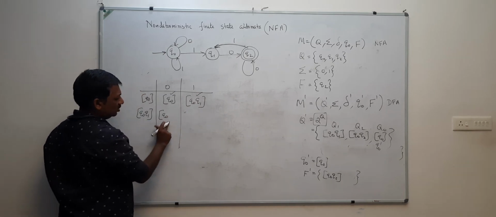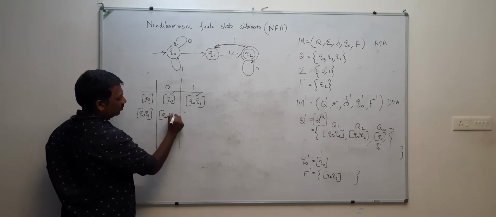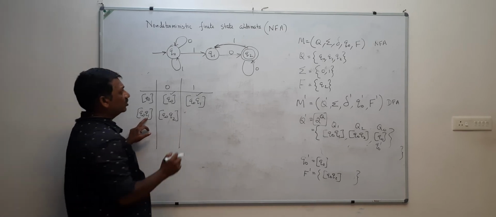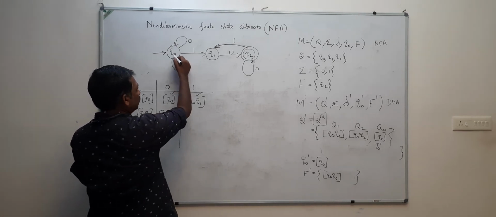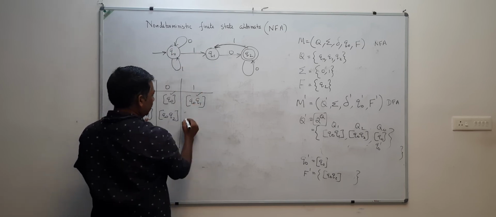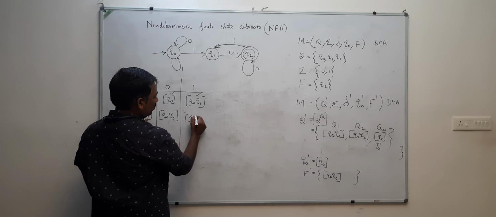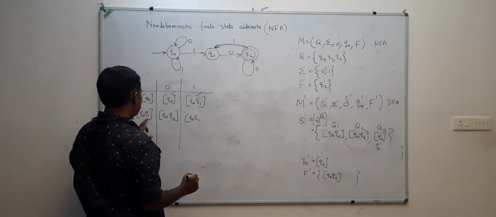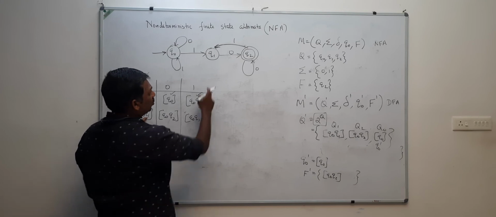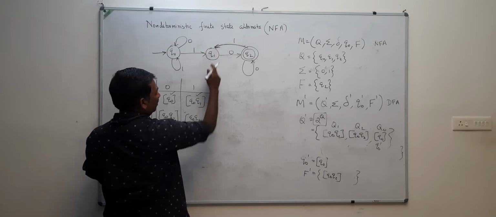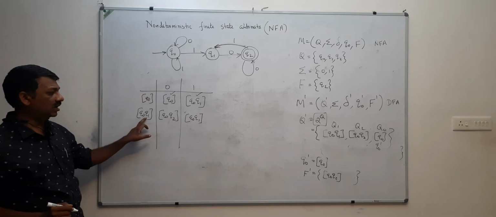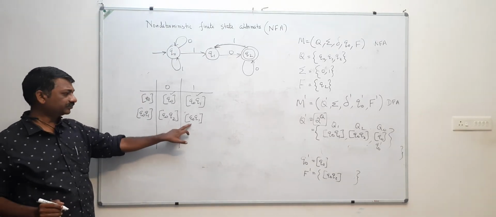That means {q0, q2}. And {q0, q1} on accepting 1: q0 on 1 stays or switches to q1, that means {q0, q1}, and q1 on 1 is not defined, so it is phi.